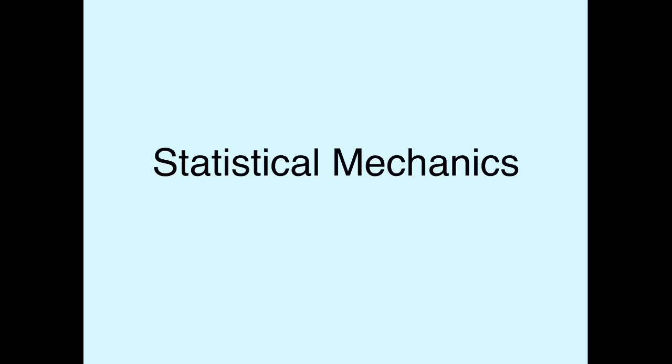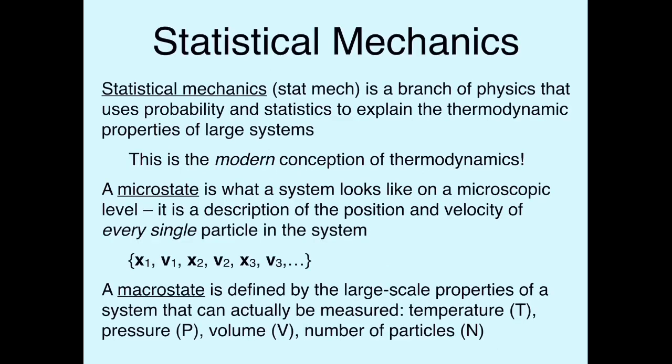So I do want to touch on it a little bit just so you have some appreciation for it. So statistical mechanics, also known as stat-mech, is a branch of physics that uses probability and statistics to explain thermodynamics. Okay, so to explain things like heat and temperature in large systems. And this is the more modern view of thermodynamics.